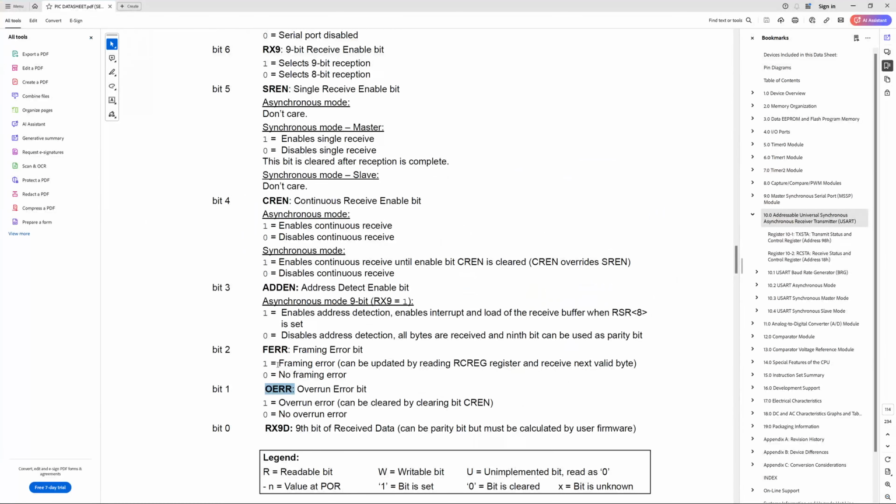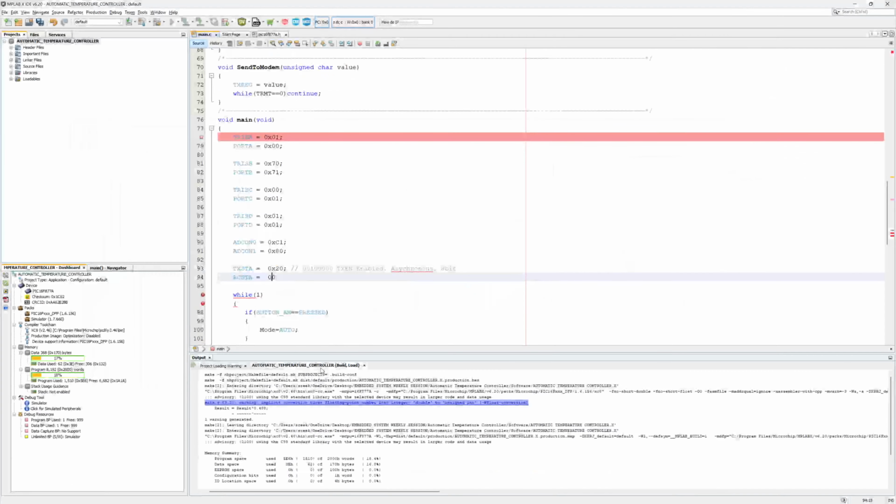If something happens to this frame, the framing error flag will get set. There is some issue, and we need to tell the transmitter to resend that particular data. So this is also a monitoring flag. We are least bothered about it during initialization. Okay, so 0.